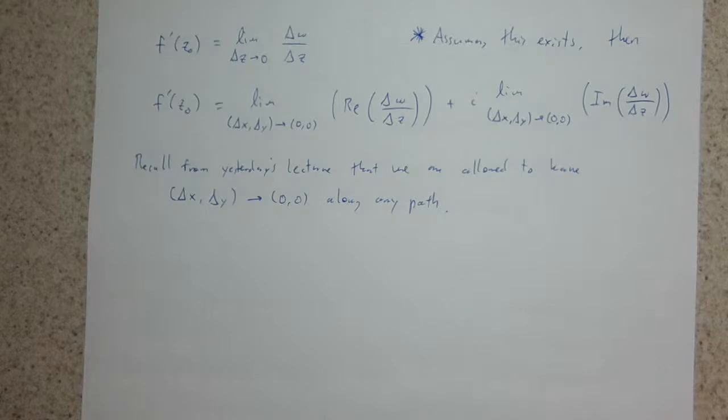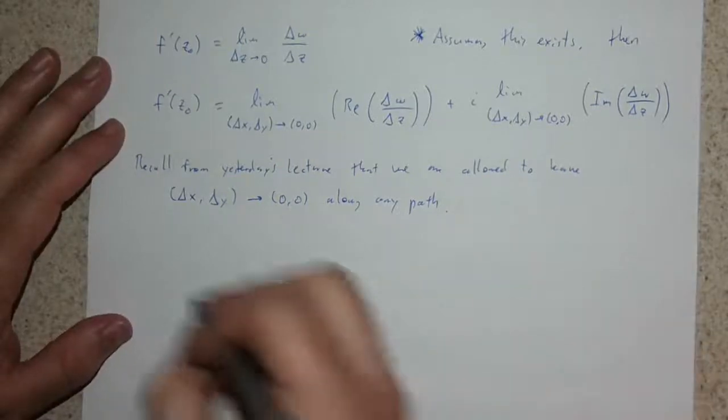We showed that it wasn't differentiable at some points because in the difference quotient we ended up with some expression like z bar over z, and we showed that approaching from different directions yielded different limits, so this thing couldn't have a derivative. The idea here is exactly the same as yesterday.